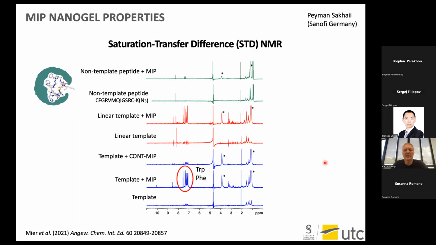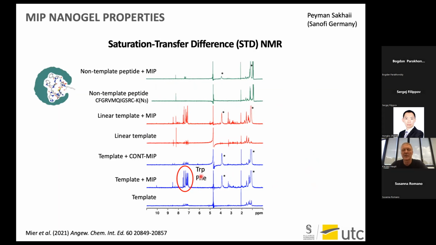And in fact, this technique has atomic resolution. We can even, through the spectrum, identify which of the amino acids are involved in the binding, that are very close to the synthetic antibody, to the polymer network.